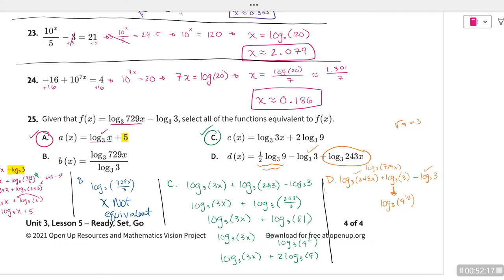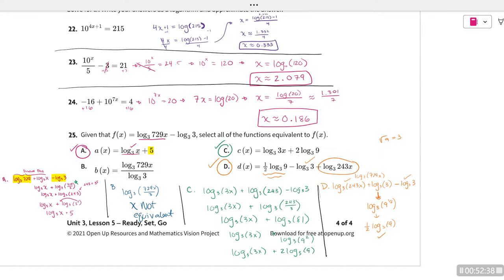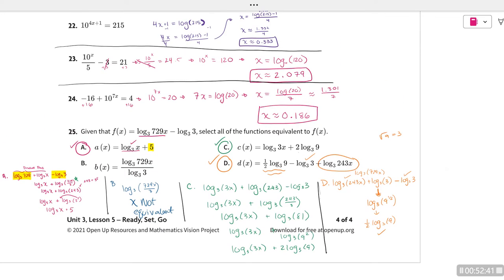That's still the same statement. That allows me to take that 1/2 and move it in front. So 1/2 log base 3 of 9, that's exactly what I want. So I have the other two terms already. Now I have this one. So yes, that one's equivalent. So A, C, and D are all equivalent, but B is not. And that is the last problem on our Ready, Set, Go homework. So hopefully you found this video helpful. Thank you for watching.